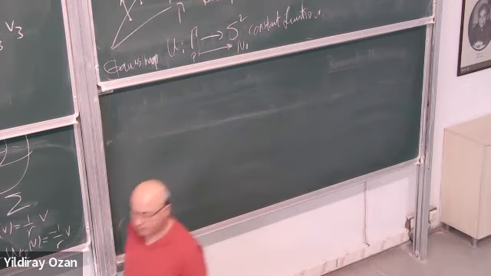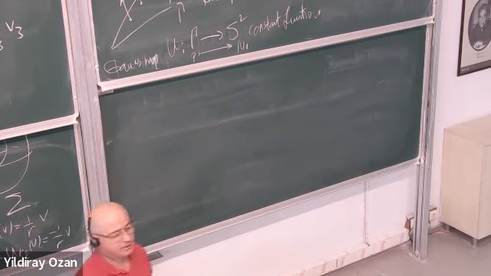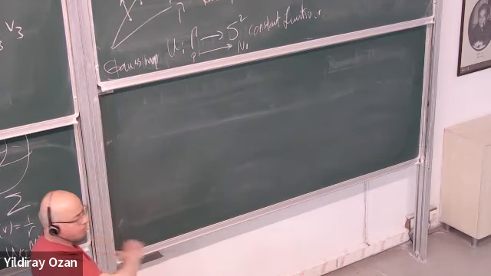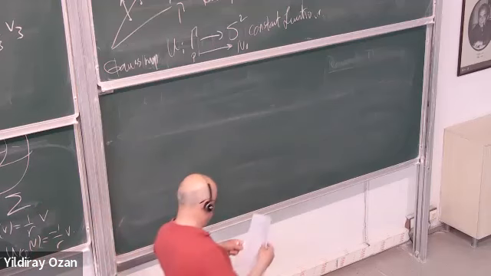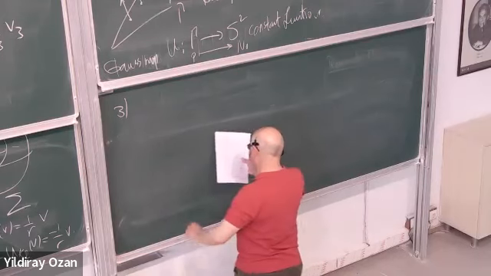So we have seen two extreme cases. For the sphere, shape operator is basically just a constant times identity. For a plane, shape operator is just 0, right? Let's see something in the middle.